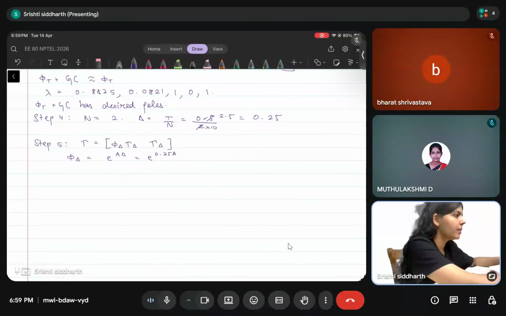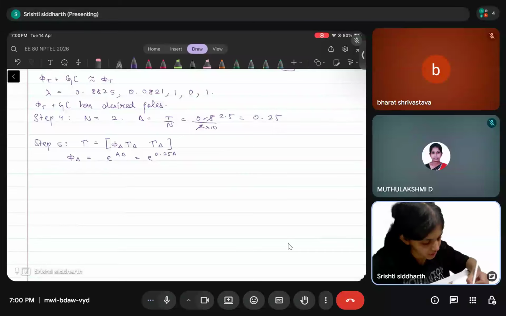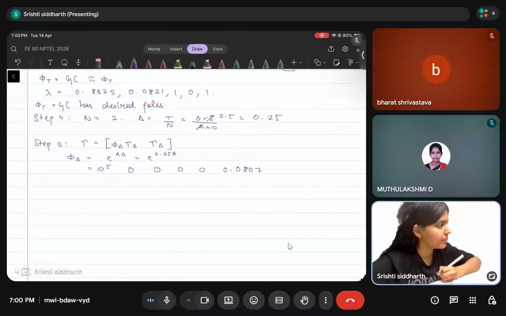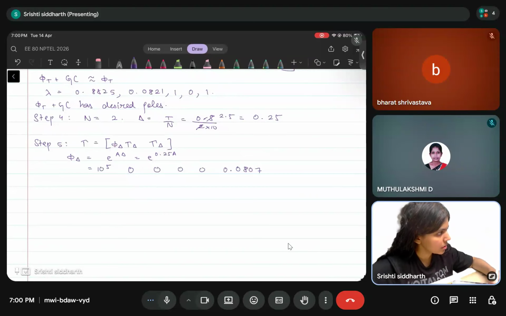So let's calculate that. This is 10 to the power 5, 0, 0, 0, 0.0807. So it's only the last column, 0.9193.